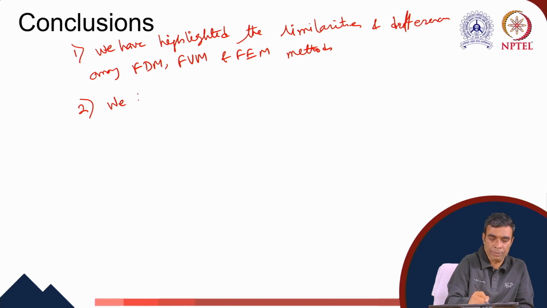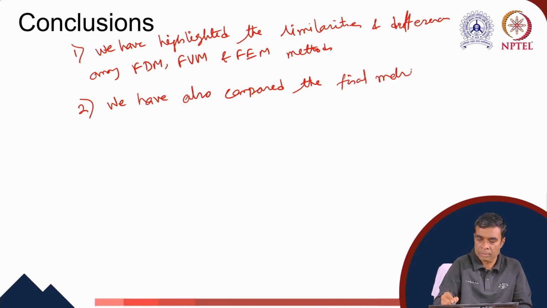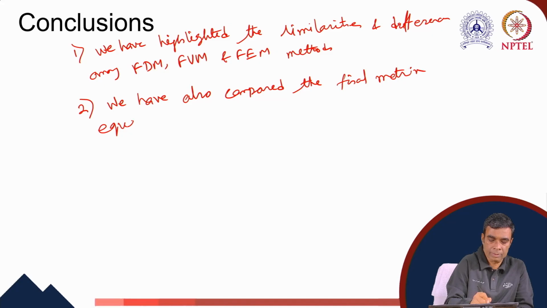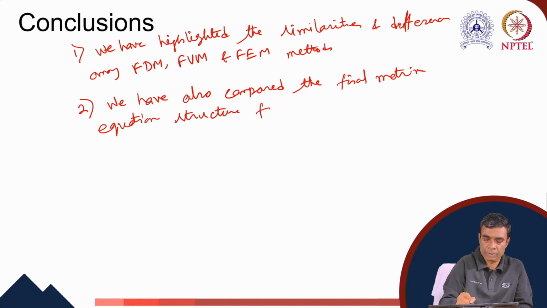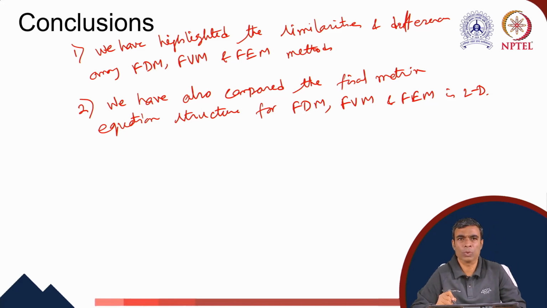Then we have also compared the final matrix equation structure for FDM, FVM, and FEM in 2D. For the FEM, we did not show the full matrix. We have shown only one equation. So that gives us an idea that we shall get a banded matrix with 9 diagonals.